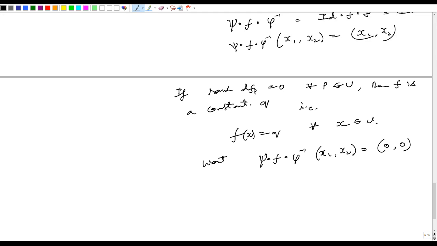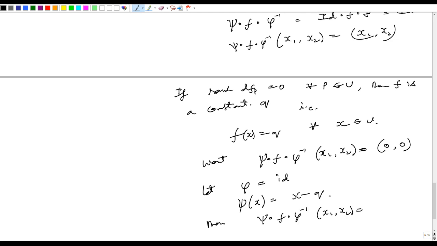Now it's quite easy to see why you can make it 0, 0. Just let phi, the diffeomorphism phi, be the identity and C be a translation, C of x equal to x minus q. Then you are done. Then C composed with F composed with P inverse of x1, x2 will be 0, 0.